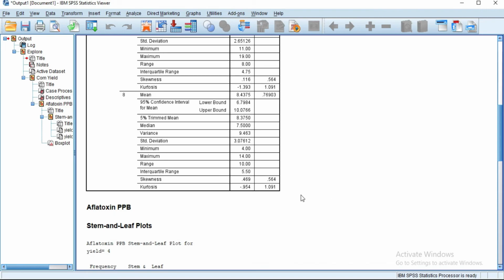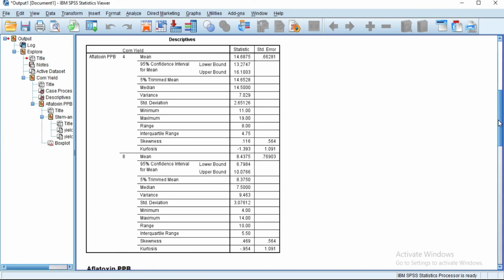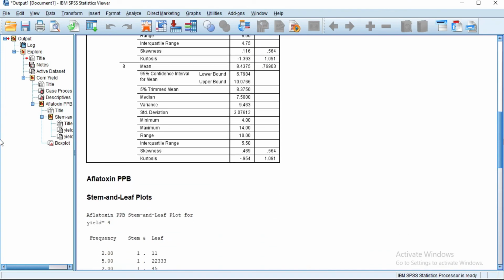As you see here, neither skewness nor kurtosis is significant. So yield number 8 is also coming from a normally distributed population. So here, from the descriptive analysis of yield number 4 and yield number 8, we determine that yield number 4 follows a normal distribution, and yield number 8 also follows a normal distribution.